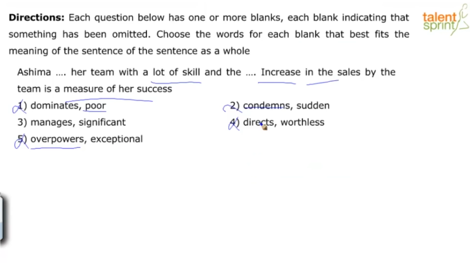So having said this, the right option is option 3. Ashima manages her team with a lot of skill and the significant increase, that's the collocation again. Significant increase in the sales by the team. So that's your collocation. Associated words. We've heard people use this phrase repeatedly in various other contexts.